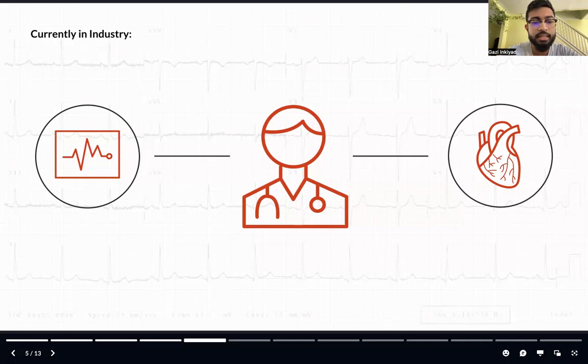It's really hard to detect what the problems are, where the problems are arising from, and so on. However, the doctors are well trained to look into these graphs, but still they would have to do a lot of mental mapping in order to understand where the problems are arising from inside the patient's heart.